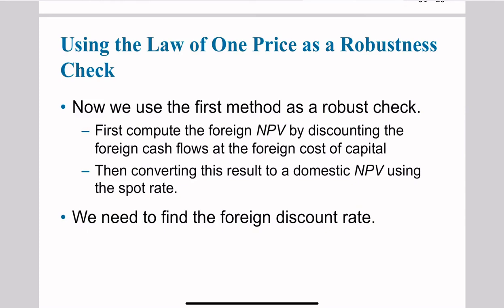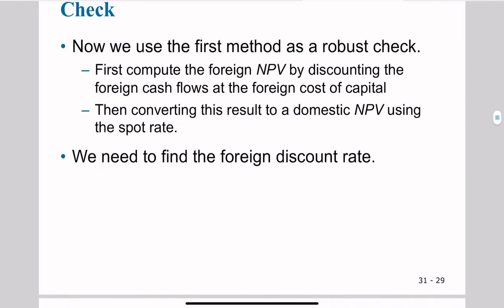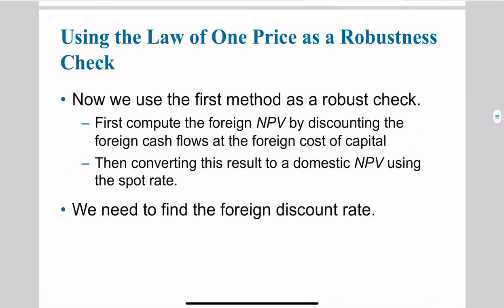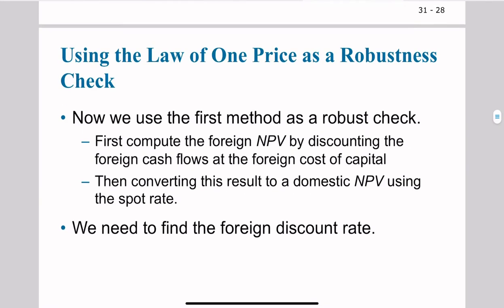So this seems like a pretty simple process, but you will see that it's not that simple. There is one complication. Also, the purpose of using the first method is we want to use it as a robustness check. We want to see that, at least in this perfect capital market, the first method should yield the same result as the second method.